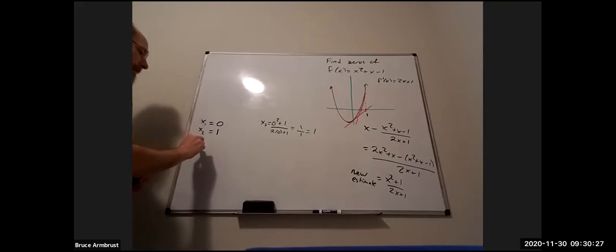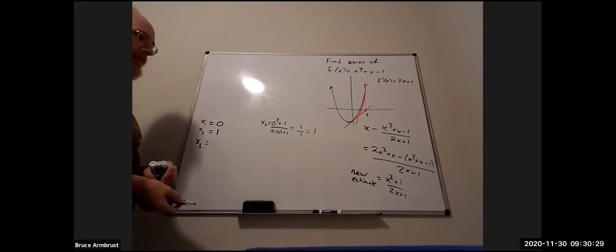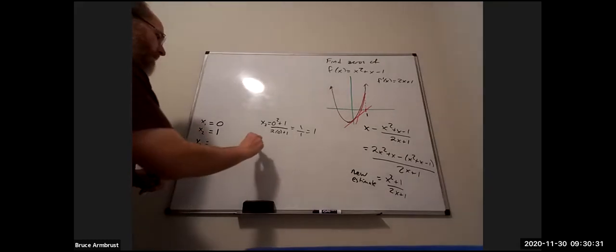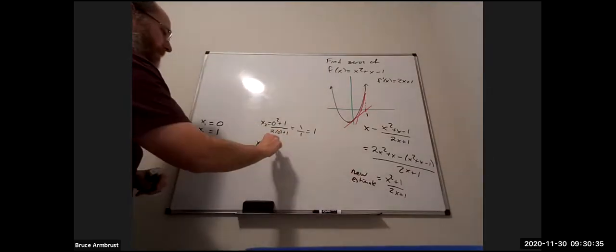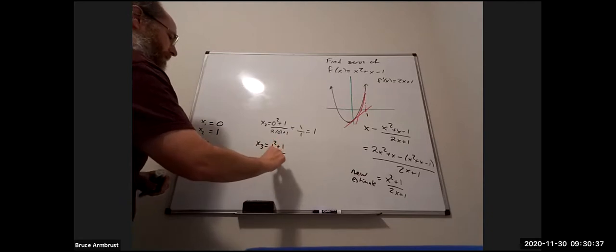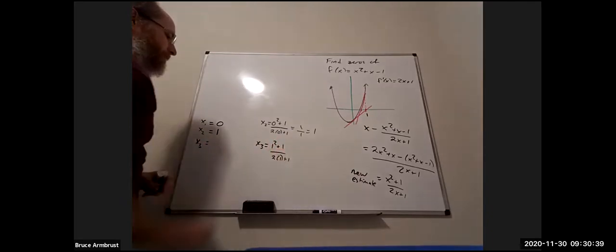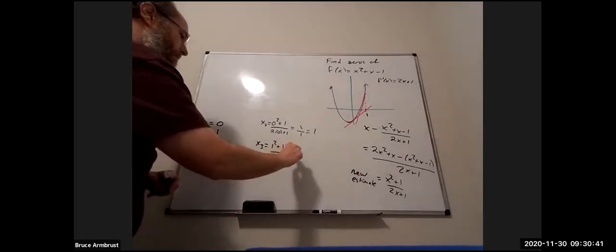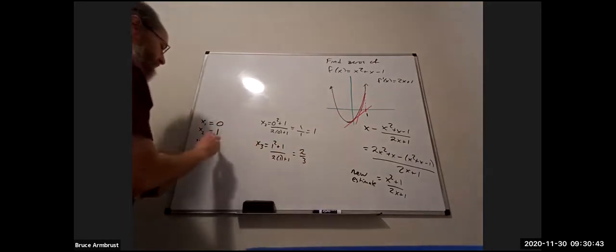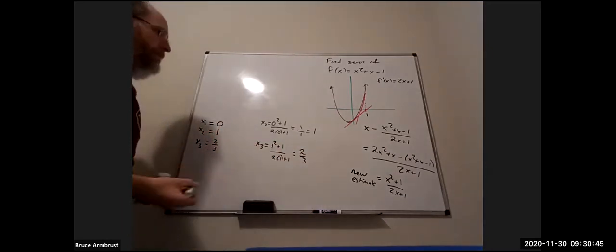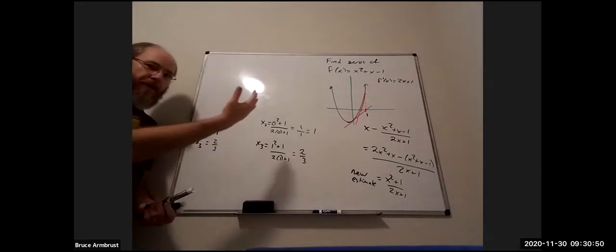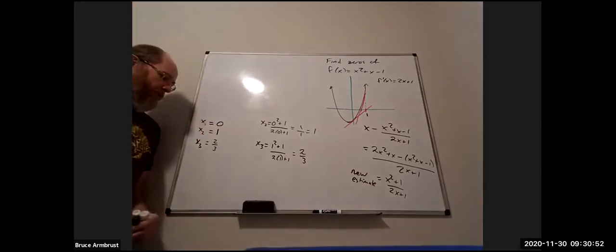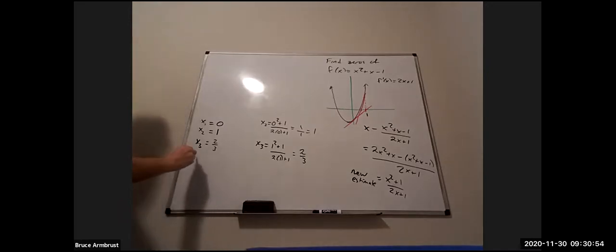All right, well, let's figure out what x3 is going to be. Now what we're going to do is plug 1 into there. So I'm going to get 1 squared plus 1 over 2 times 1 plus 1, which is 2/3. So Newton's method now brings us back in to 2/3. Well, let's get a next better guess.